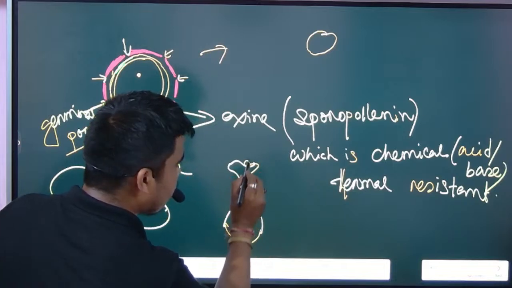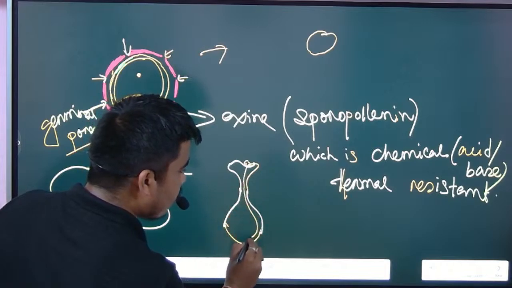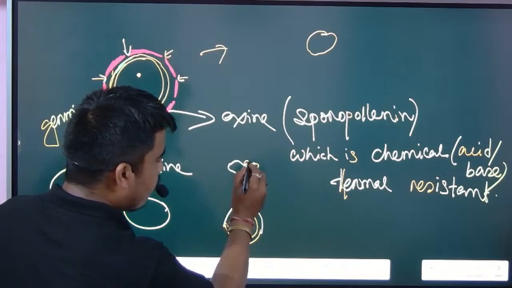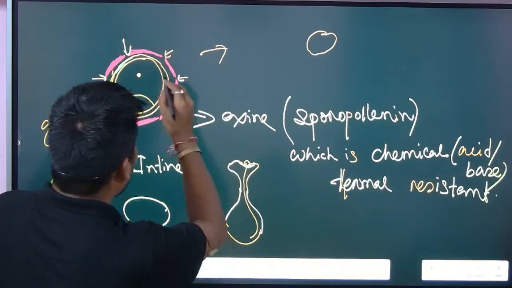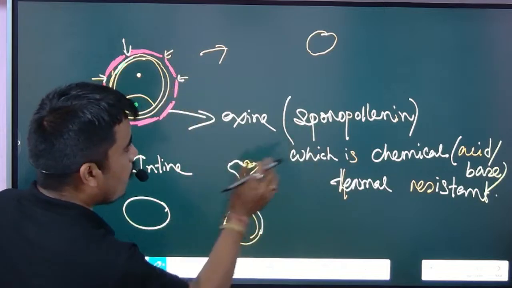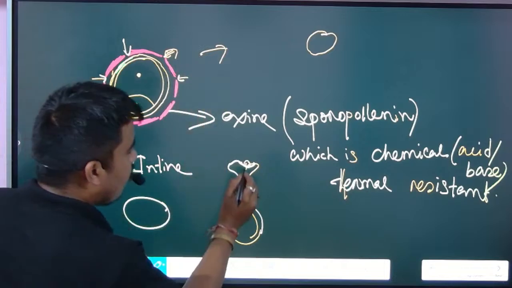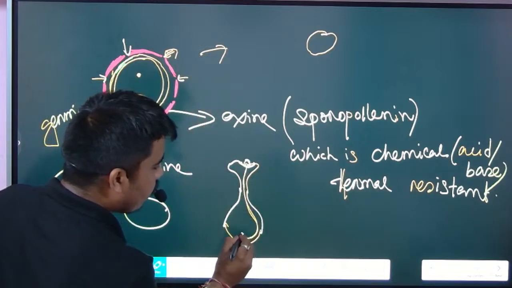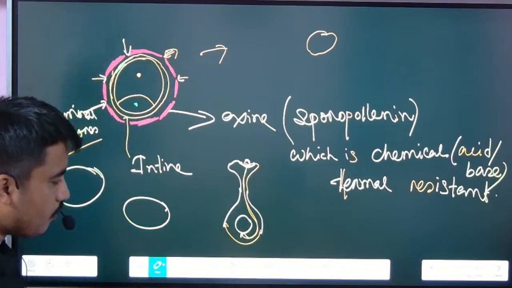So when the pollen tube comes out through this portion, a pollen tube will form, guided by chemical senses, and the gamete can easily come through this pore.